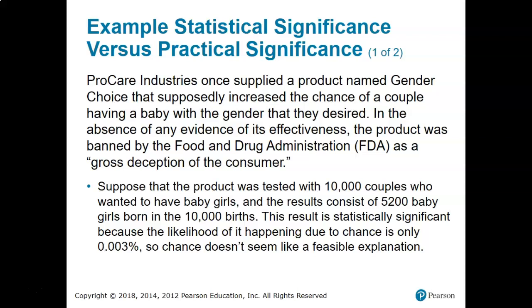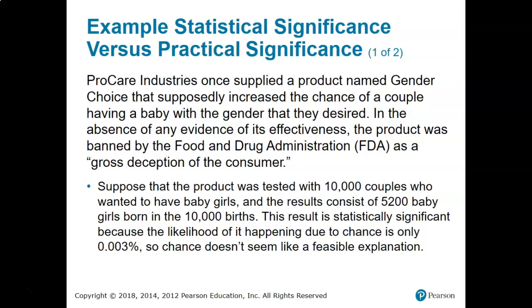So suppose that the product was tested with 10,000 couples who wanted to have baby girls, and the results consisted of 5,200 baby girls born in the 10,000 births. So the result would be statistically significant because if we ran the statistical numbers on this, the likelihood that we get 5,200 baby girls out of 10,000 births is actually only about 0.003%.